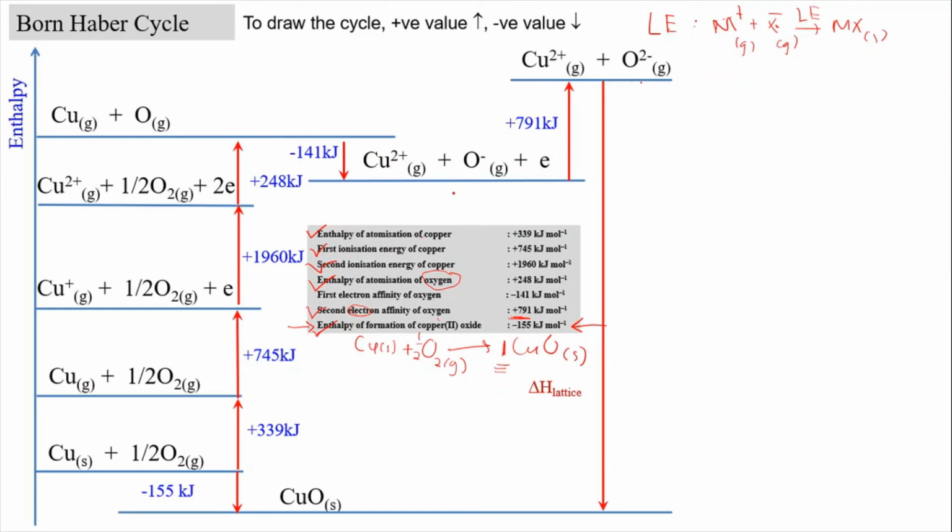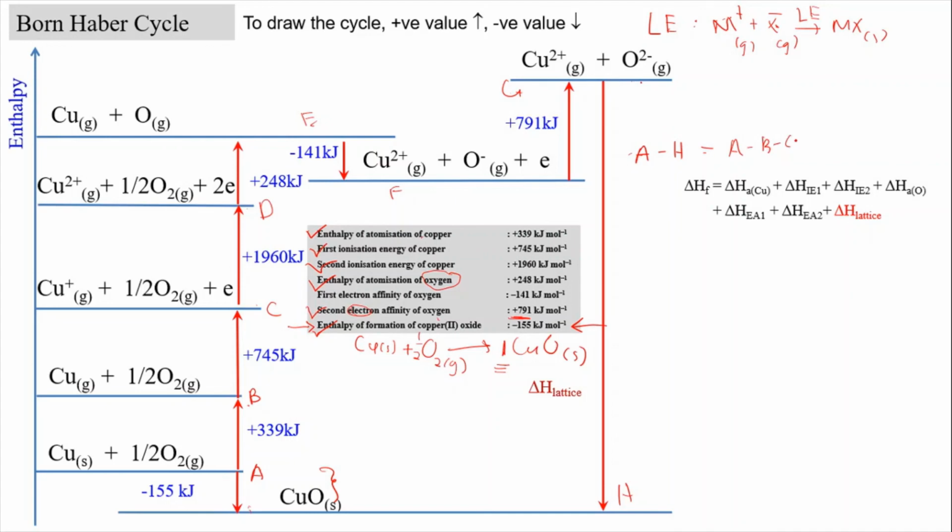All right. And then according to Hess's law, A to B to C to D to E to F to G to H is the same as A going to H. Okay, so the single step, A going to H, is the same as A going to B, going to C, going to D, going to E, going to F, going to G, going to H. So according to Hess's law, the energy change in a single step is the same as in the series of steps.